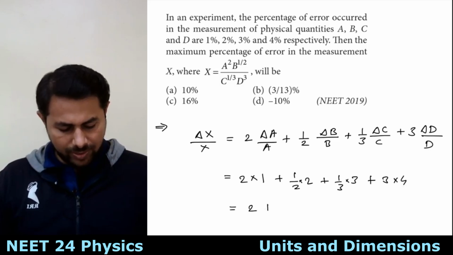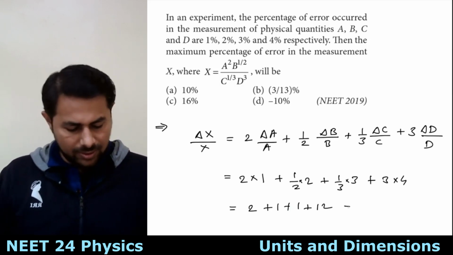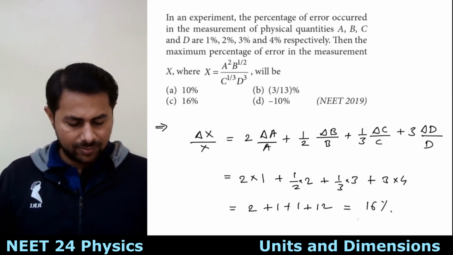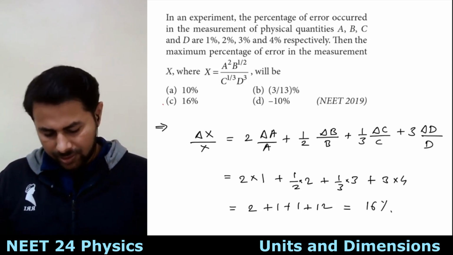So this is 2 plus 1 plus 1 plus 12. So that is 16%. Okay, so the answer is 16%. That's very simple. Option C.